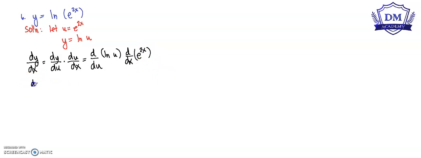So dy over dx is equal to the derivative of ln of u, which is 1 over u, times, here we will use the chain rule again, that is d over du of e raised to u times d over dx of 2x.